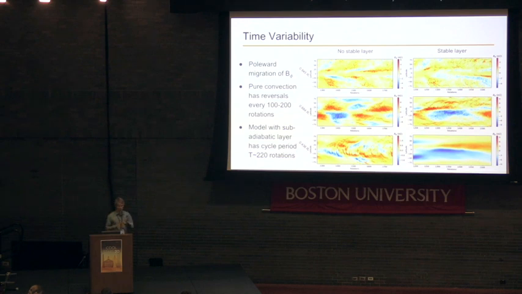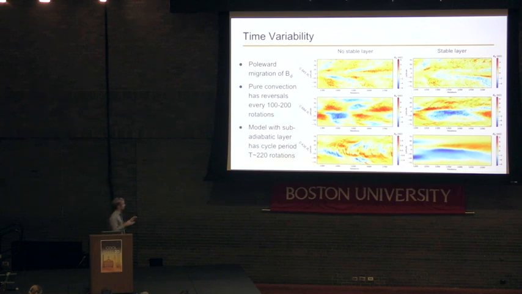In both of them, near the surface, we have the magnetic field migrating toward the poles. And down below, we can see the difference that I pointed out earlier, where at the base of the convection zone, when there is no tachocline, there are weak fields, very choppy. But when we include a tachocline, they become strongly organized and stronger by about a factor of 5.